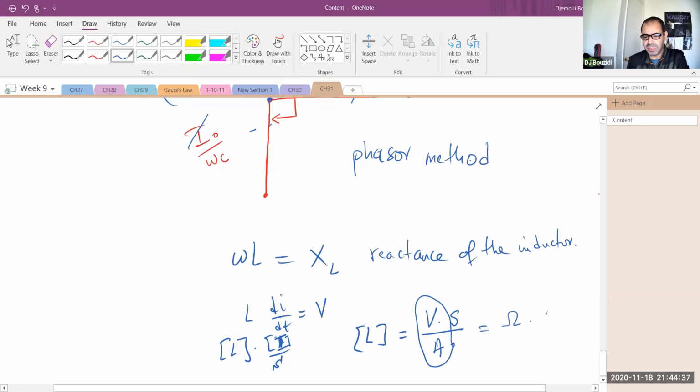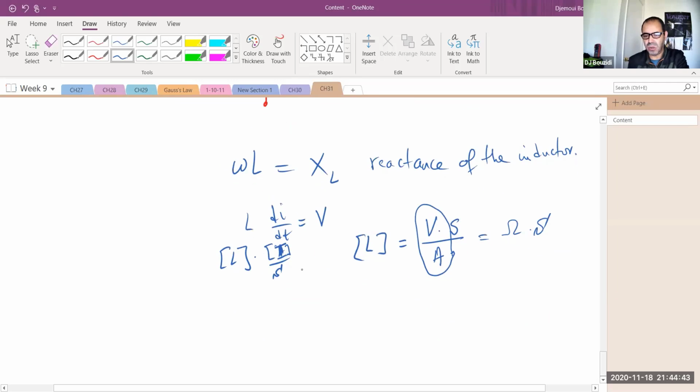So L has units of an ohm times a second, and omega is 1 over second. That's an angular frequency. Omega has the units of 1 over second. So when you multiply L times omega, the units are an ohm times a second divided by a second, so it's actually an ohm.